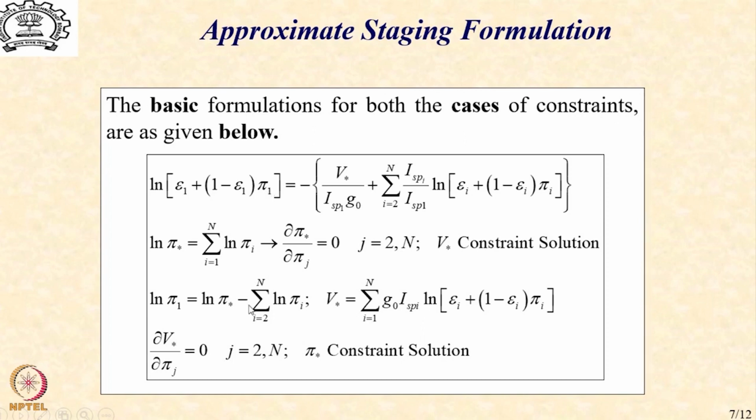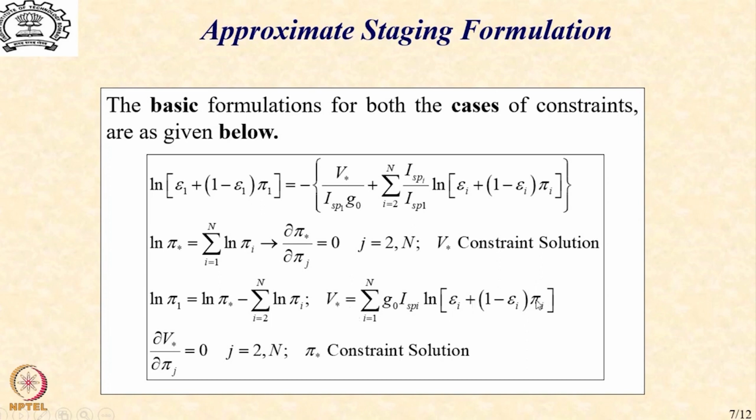When I am talking about the pi star as the constraint, then again I use this expression, that is ln pi 1 equal to ln pi star minus this, and this is the equation which now I am going to substitute in my objective function for pi star, and the objective function which is my v star.